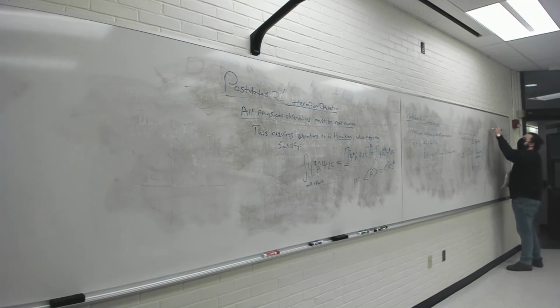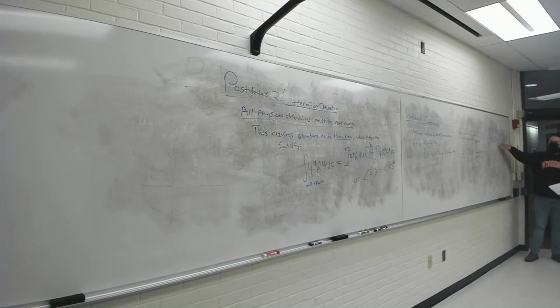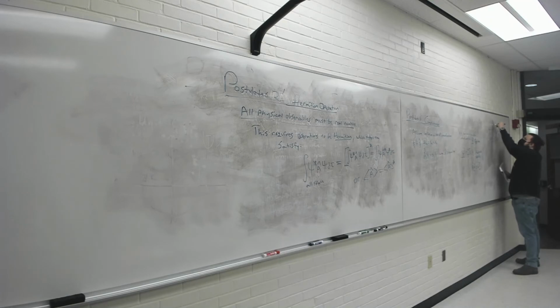So our set is the psi 1s, psi 2s, psi 2px, and so on, and when we apply the Hamiltonian to them, we get the energies back. So this is the hydrogen atom, hydrogen orbitals.